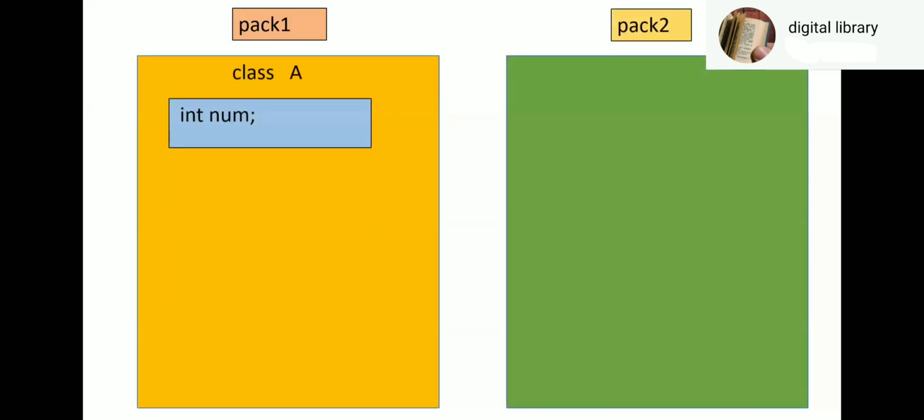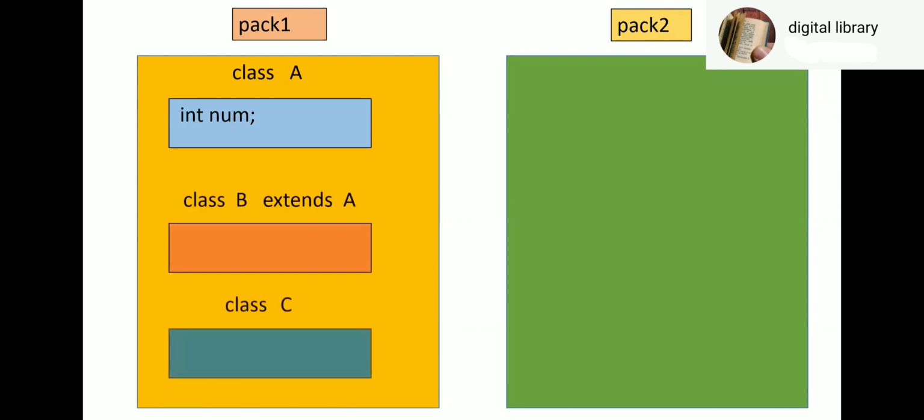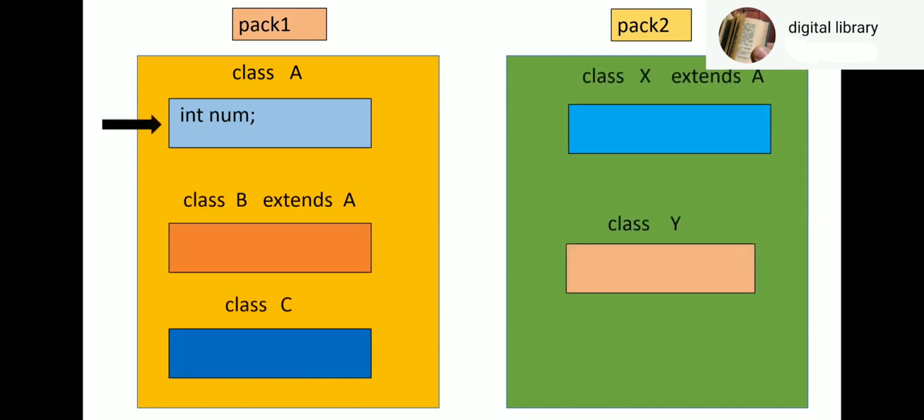Now class A has got only int num. Nothing is mentioned. So which accessibility modifier? Default. Package. Default. Same package. Accessible, yes. Accessible, yes.